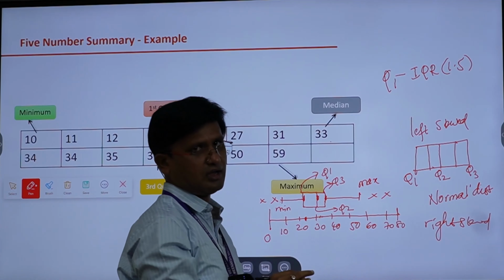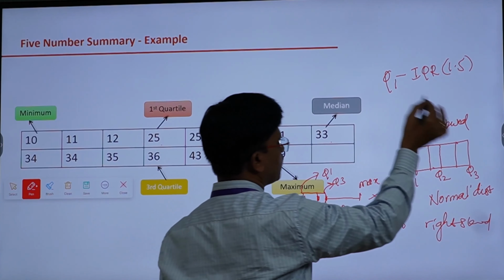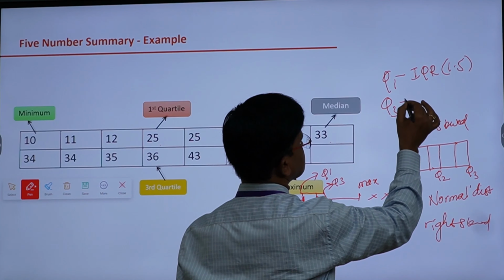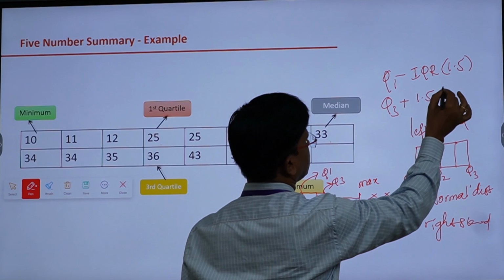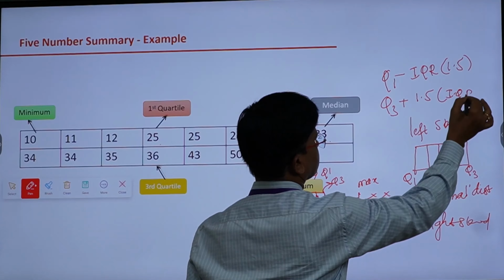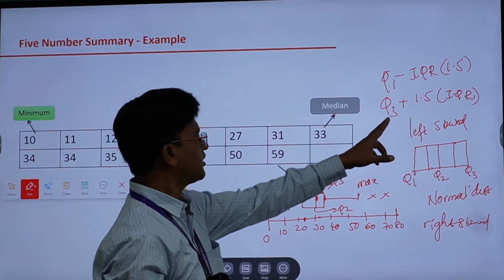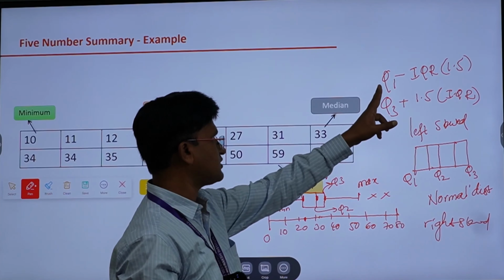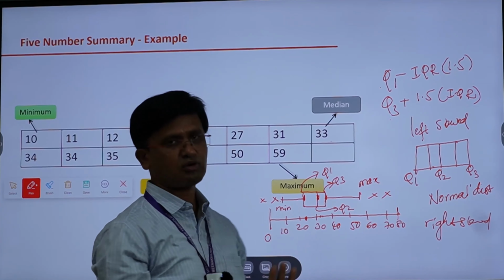This is for lower outliers. For the upper outliers, it is Q3 plus 1.5 into IQR. If any data point falls beyond this, then we can call it an outlier. If any data point falls less than the lower limit, then we can call it an outlier.